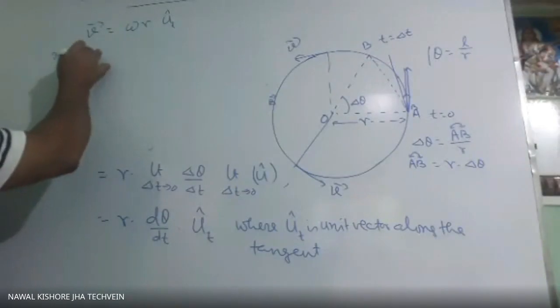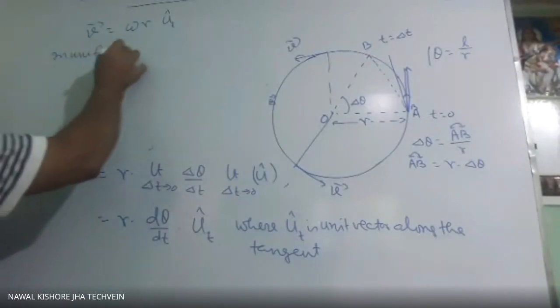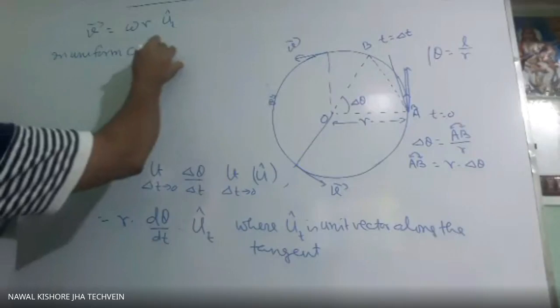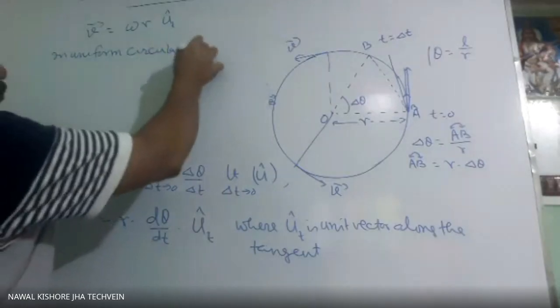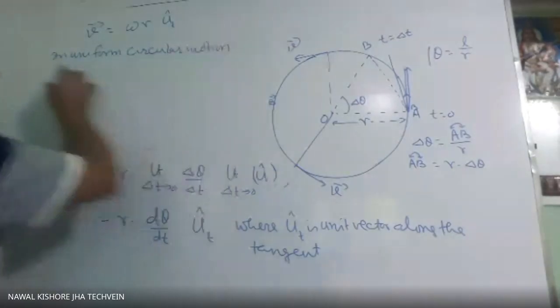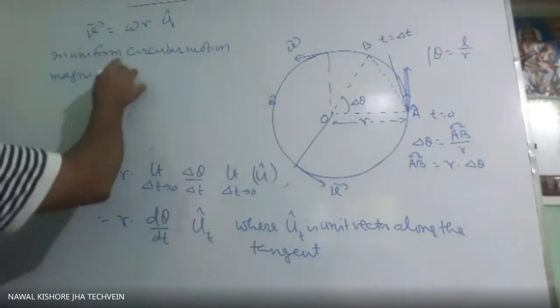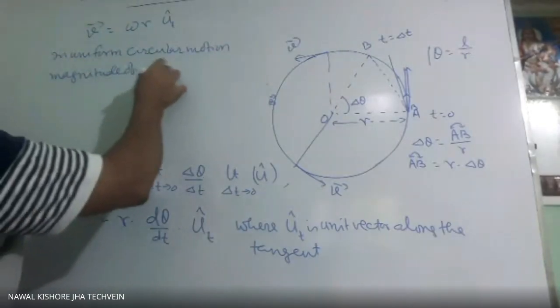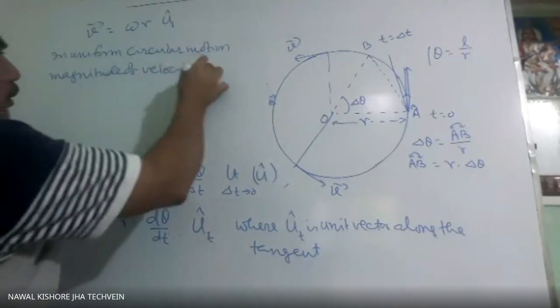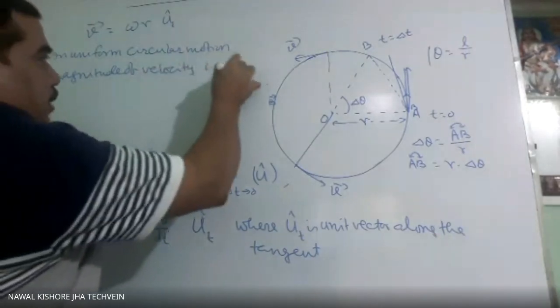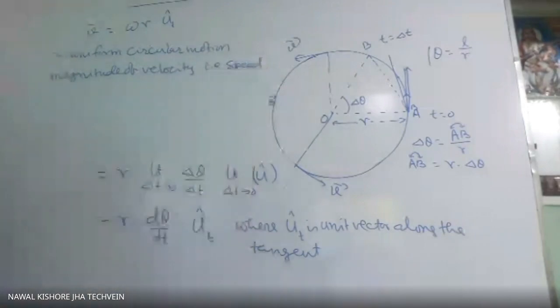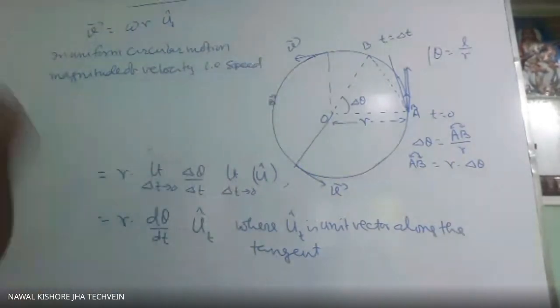So in uniform circular motion, the magnitude of velocity, that is speed, linear speed and angular speed both remain the same, but its direction keeps on changing.